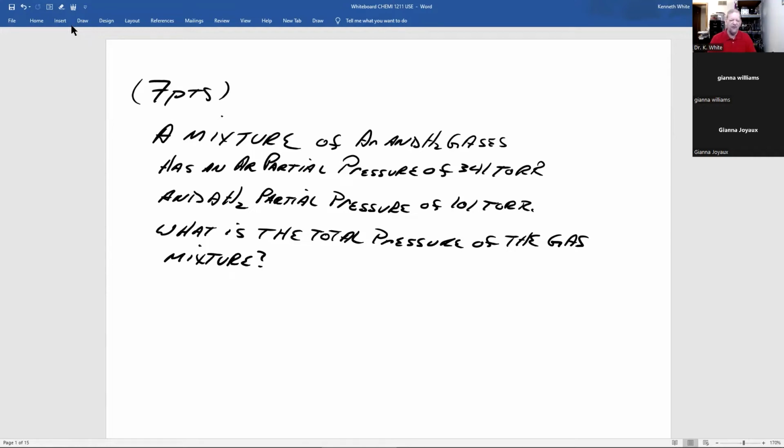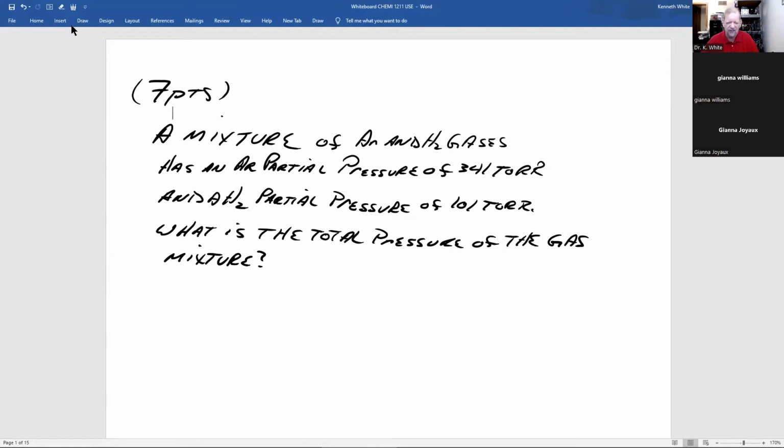All right, let's go through this. A mixture of Ar, that's argon, and H2, hydrogen gases, has an argon partial pressure of 341 torr and a hydrogen partial pressure of 101 torr. What is the total pressure of the mixture?